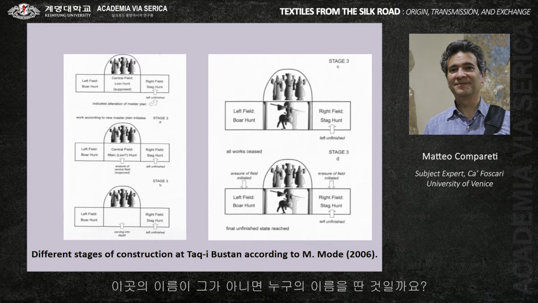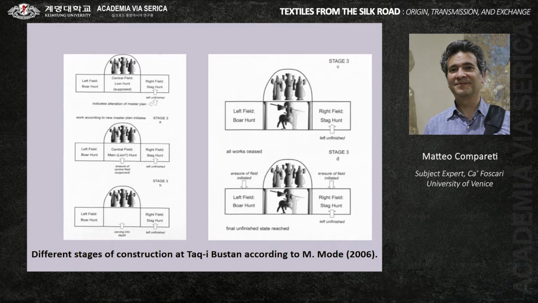But who else could be this person if the place is called with his name? In fact, sometimes Takebustan is not called Tak-e-Bustan, which means the arch of a garden, but it's called Tak-e-Bastam, the arch of Bastam.